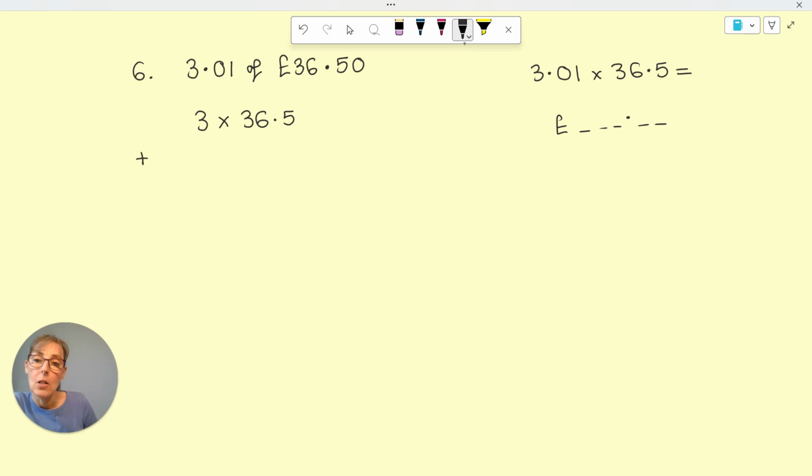Adding to that, you've got 0.01 multiplied by 36.5. Now that 1 is in the hundredths column. So that means 1/100th multiplied by 36.5.